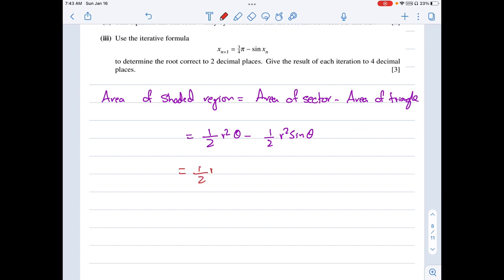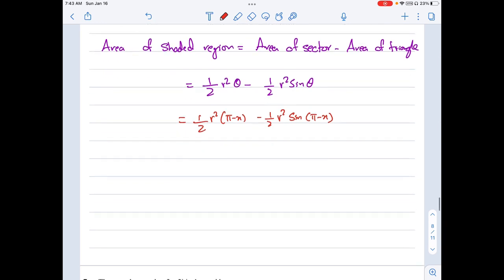So half r square (pi minus x) minus half r square sine (pi minus x). Sine (pi minus x) is going to be sine x. So we can remember that sine (pi minus x) is sine x. So it becomes 1 upon 2 r square (pi minus x) minus 1 upon 2 r square sine x. This is the area of the shaded region.